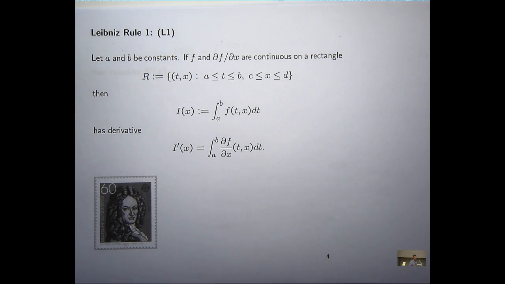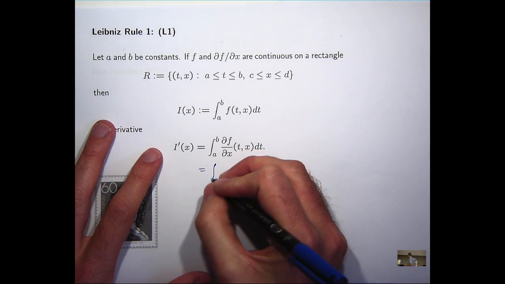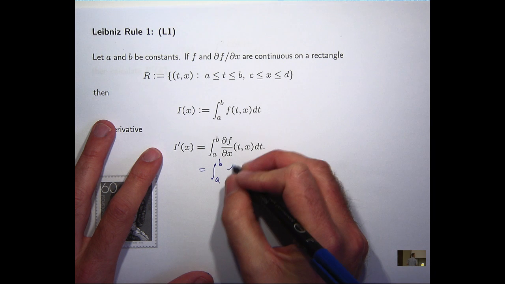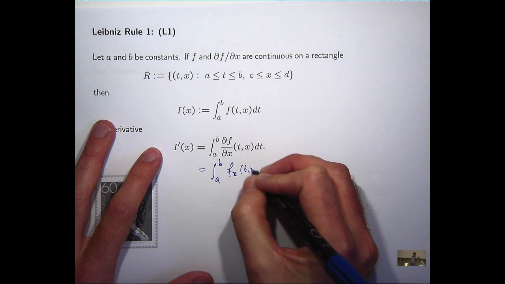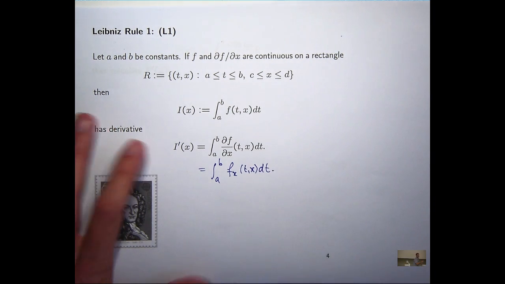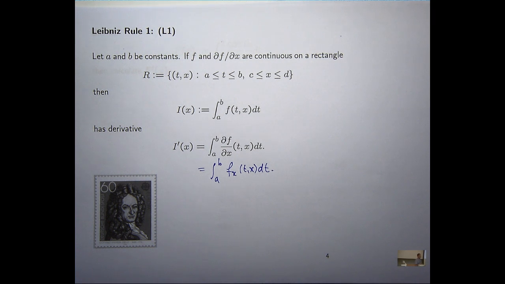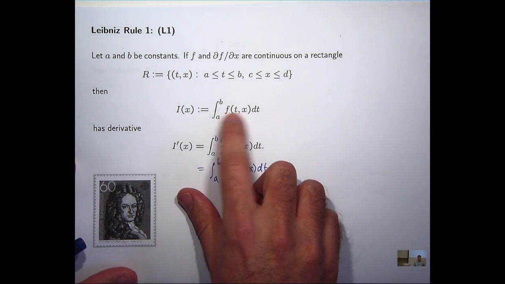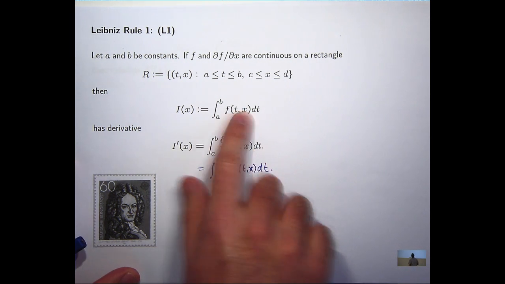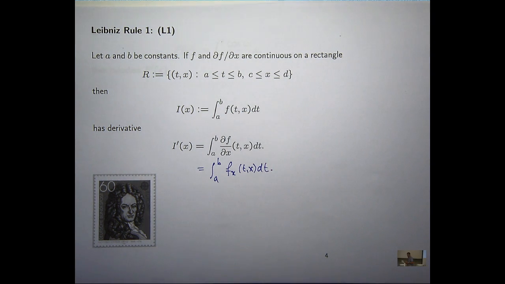Okay, so in the subscript notation, this would just be the following. Okay? So remember here, the t is the variable that we're integrating over, and the x is the independent variable.